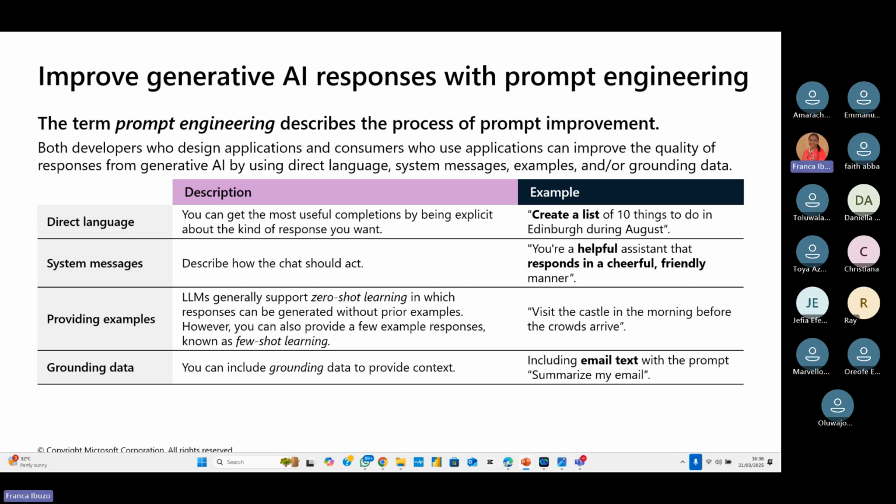Even if you are training the model, you should know about prompt engineering to be able to prompt it properly. As an AI engineer, you also need to learn prompt engineering to be able to prompt and get the right responses.